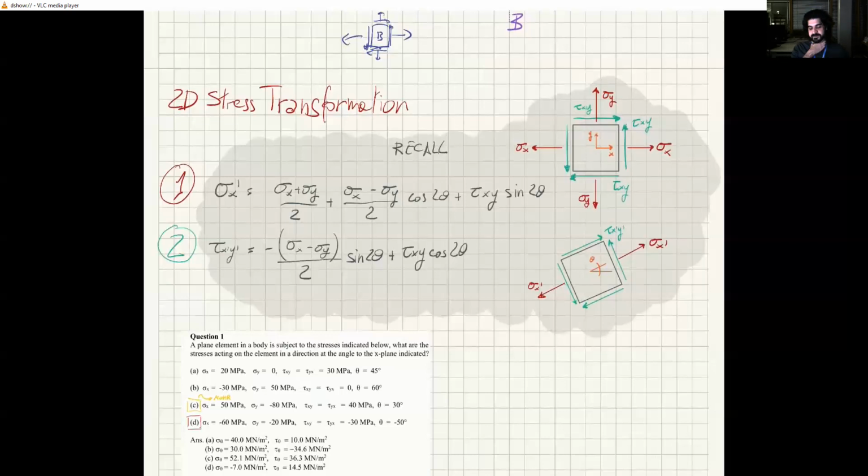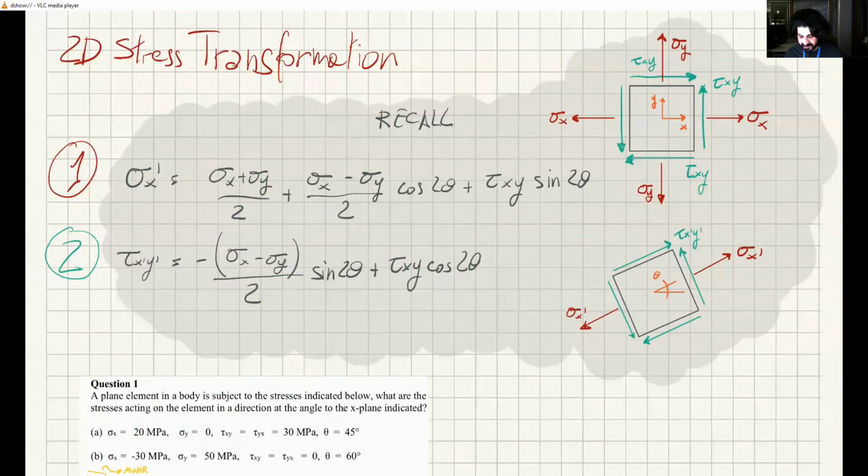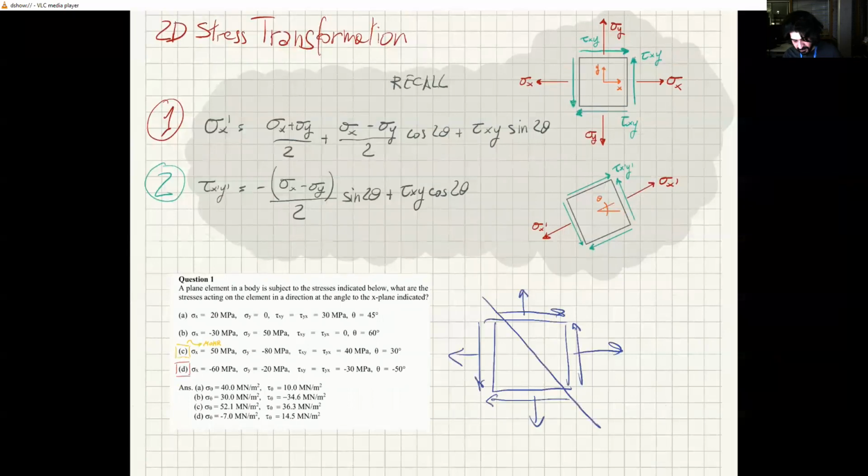So we know a way to rotate the stress state from this original position to any rotation of theta degrees. These are the equations, and you can find them very easily by having the stress state and cutting at a certain angle.